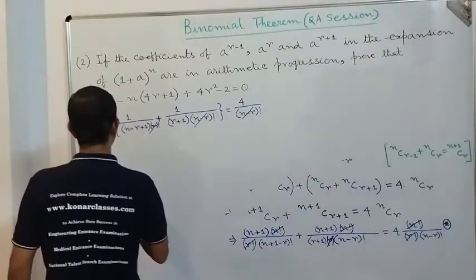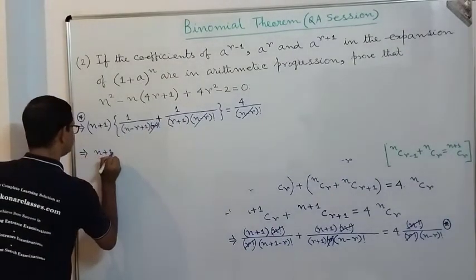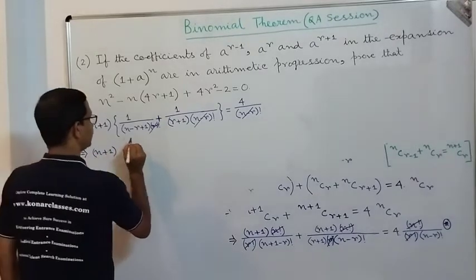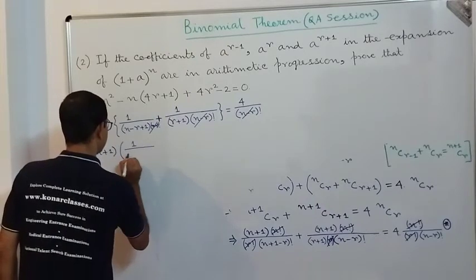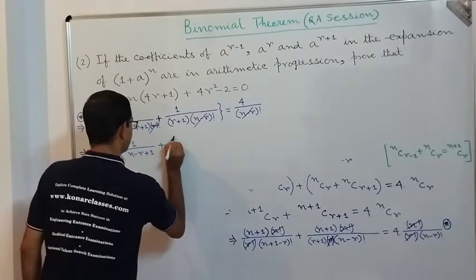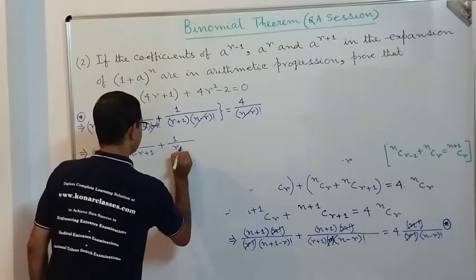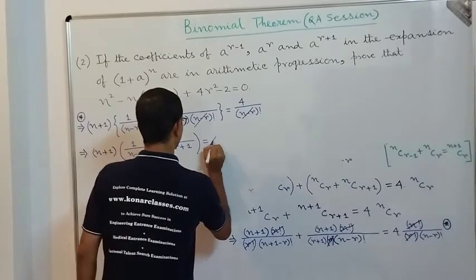So then what we get, dear students? From here we get n plus 1 into 1 by n minus r plus 1 plus 1 by r plus 1, correct, is equal to 4.